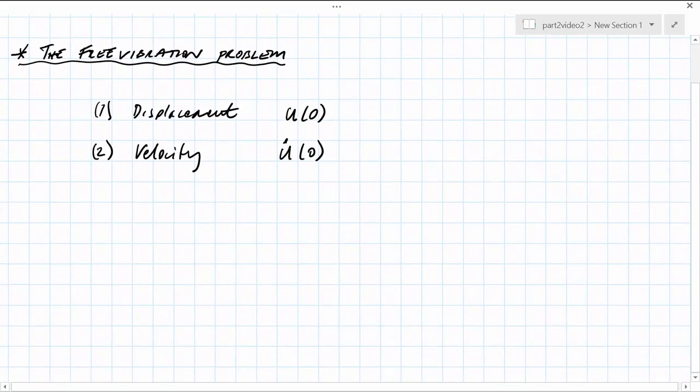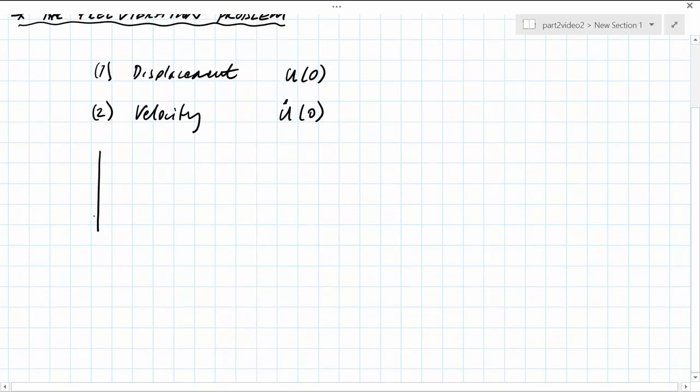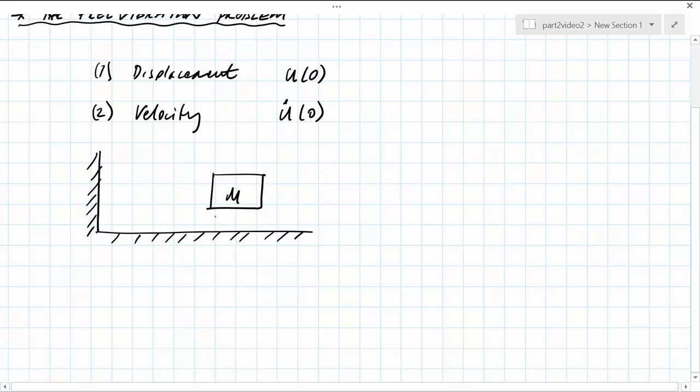To analyse free vibration problems, consider the mass spring damper representation that we've been using. In this case, we have a rigid mass, which we denote by m, a single degree of freedom response, u(t), a spring with stiffness k.